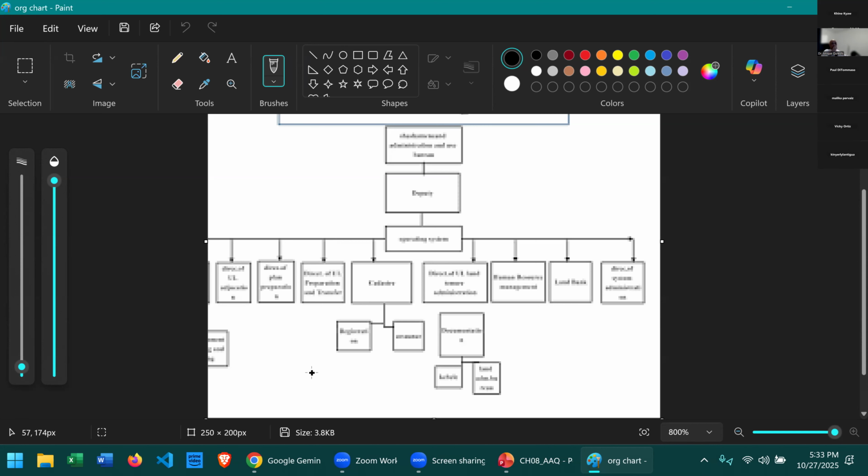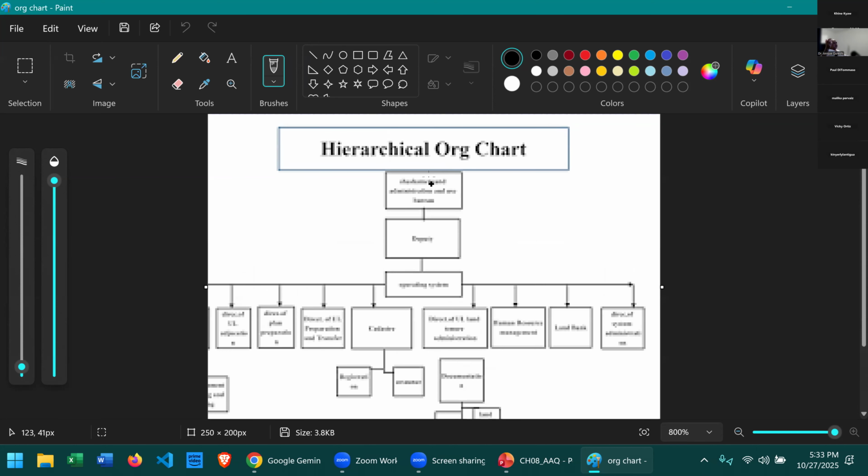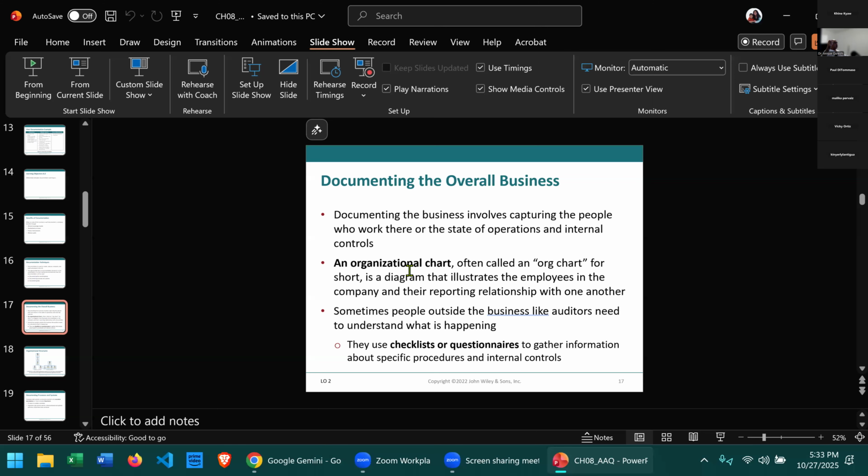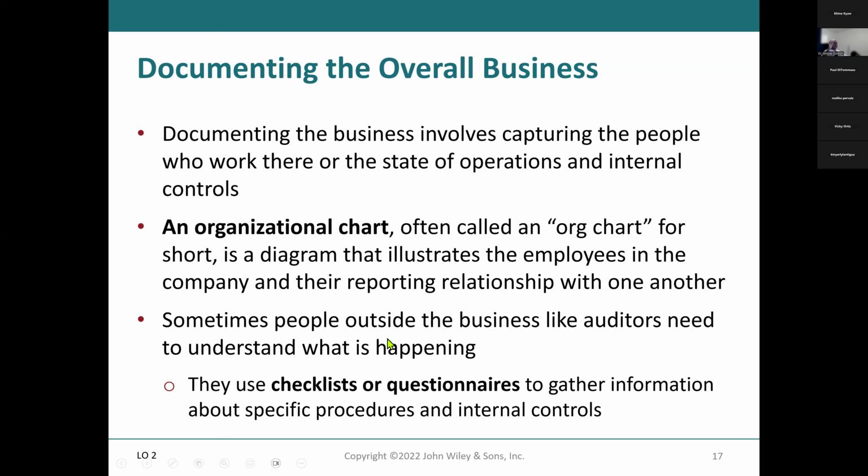This could be in the form of the actual employee names or their functions, what jobs they're performing. So again, just a simple way of documenting the organizational structure.